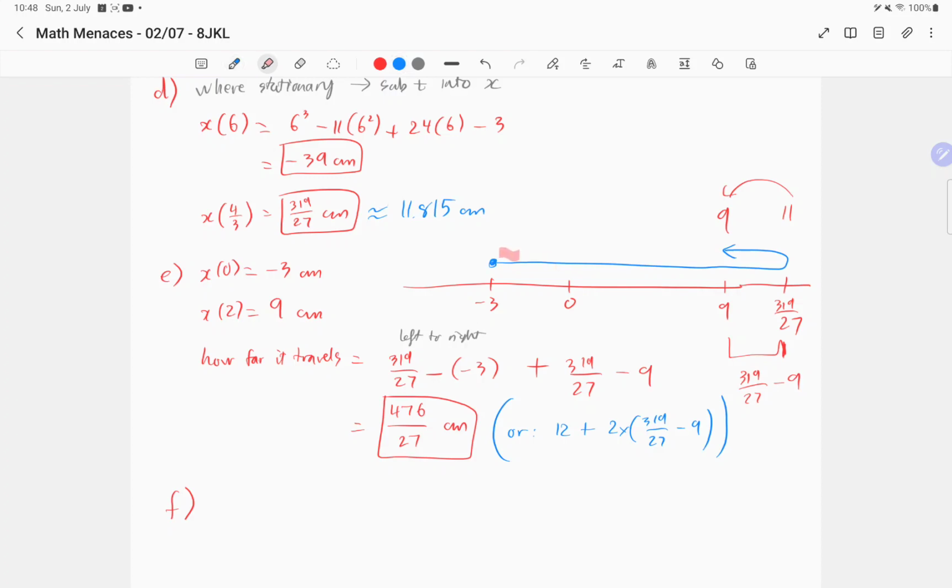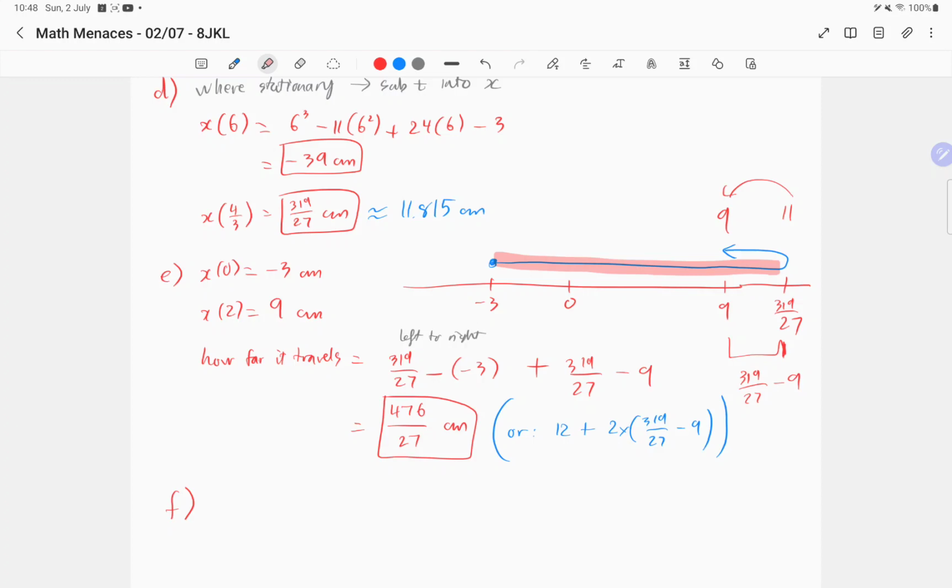You go from left to right. When I subtract 9 from 319/27, I get 76/27. And then you times it by 2 since it's going there and back. And then you just plus 12. What did you get? I did it in my head. I got 476/27. Yeah, that should be the right answer.